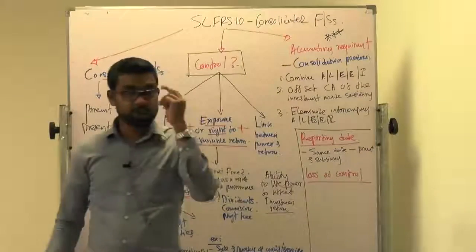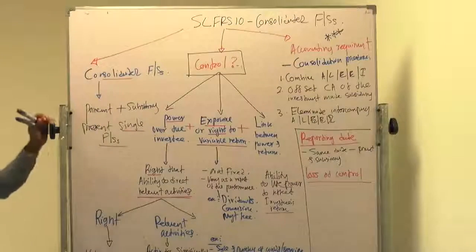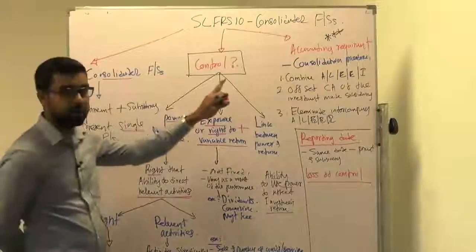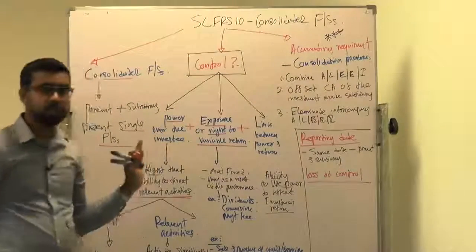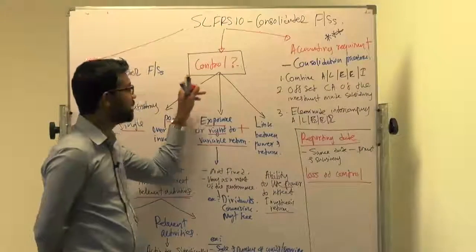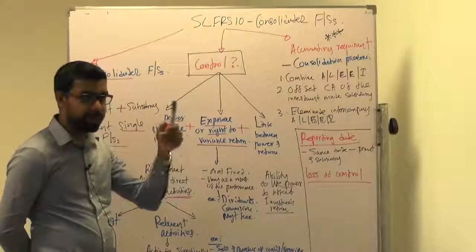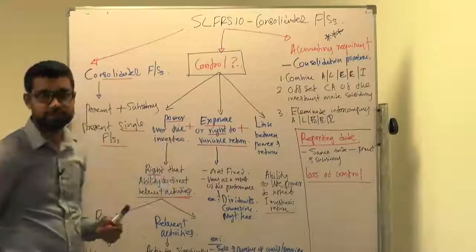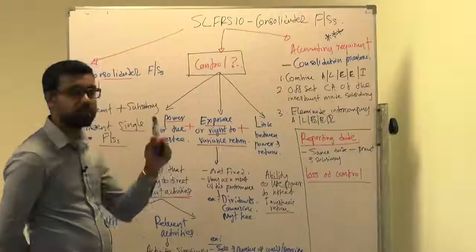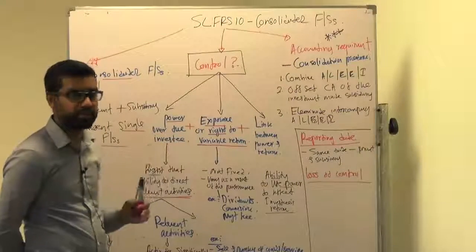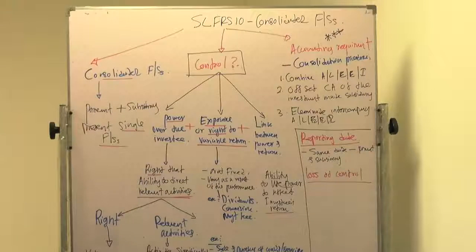Let's say in 2015 you acquired this subsidiary and had control, therefore you prepared consolidated financial statements, but you are going to lose control over the investee from, let's say, 1st April 2019 onwards. If you are losing control, can you prepare consolidated financial statements for 31st March 2020? Question mark. We'll discuss. Little important.